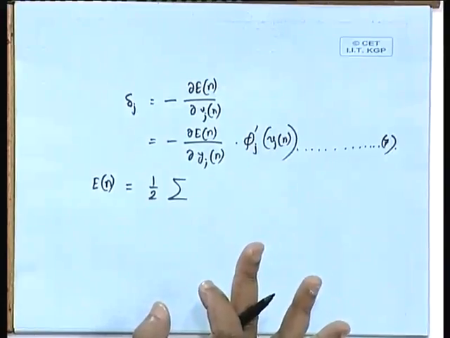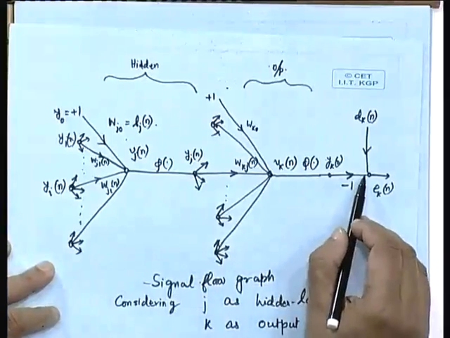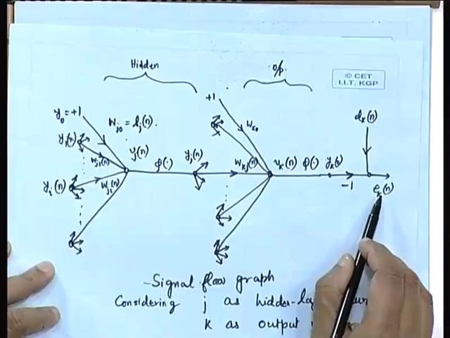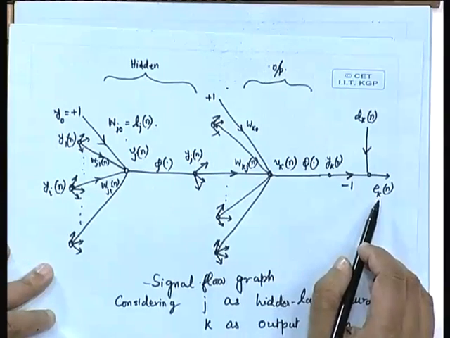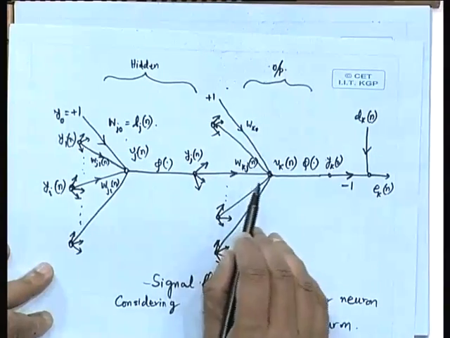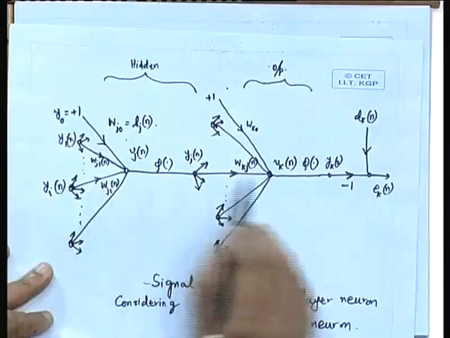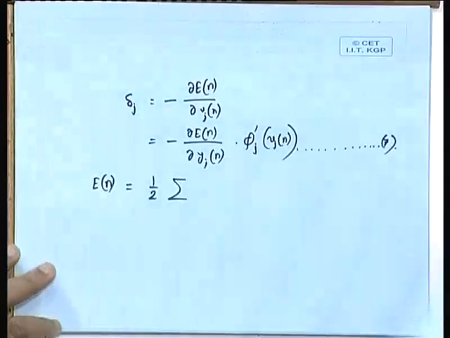It is Ek square, because K belongs to the output layer, and when it comes to the question of error energy, the errors are all computed at the output, because that is where the output is available. Whatever Ek we can calculate, that is only at the output layer, and we have been using J for the hidden layer and K as the index for the output layer.